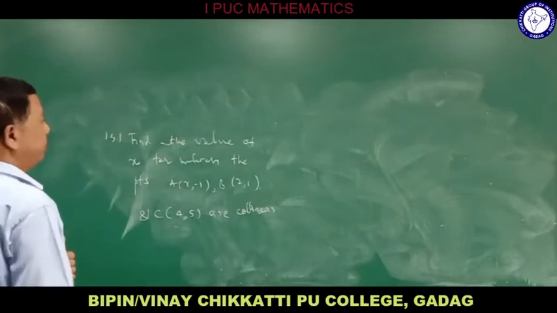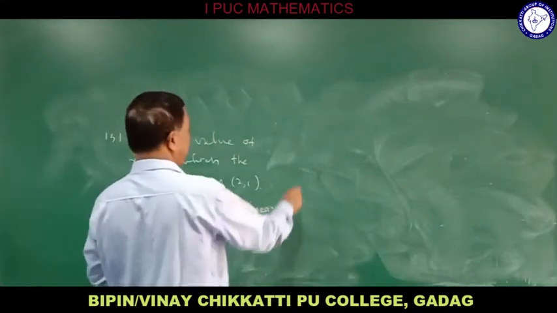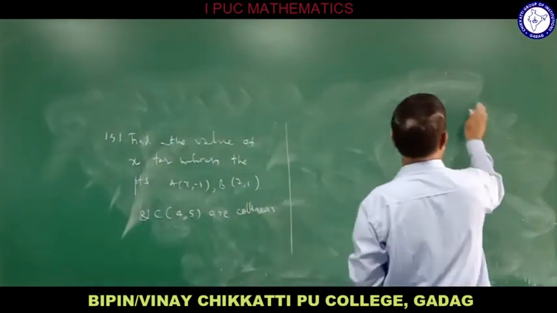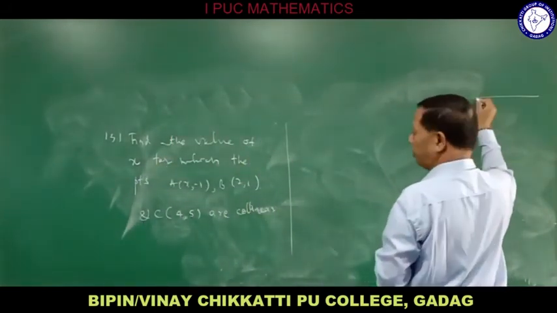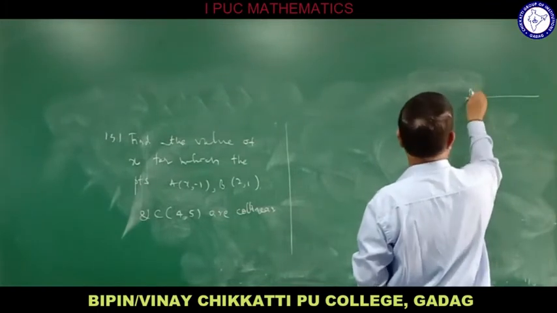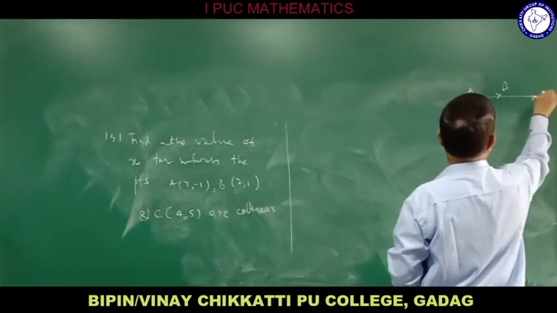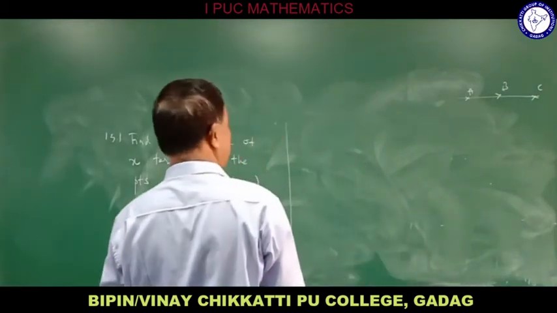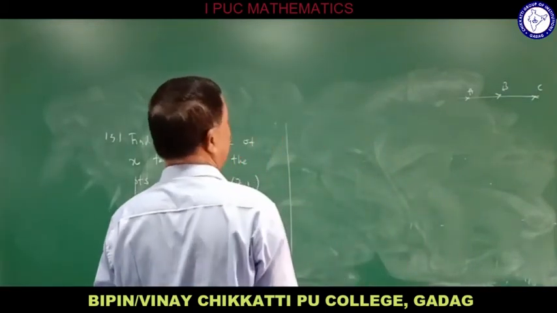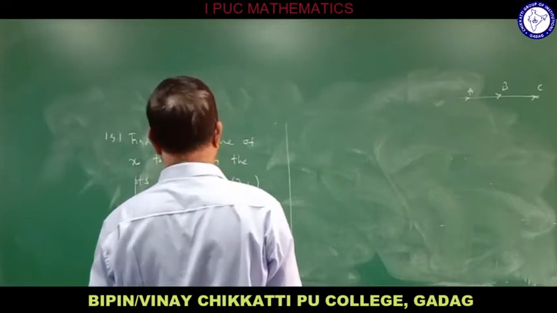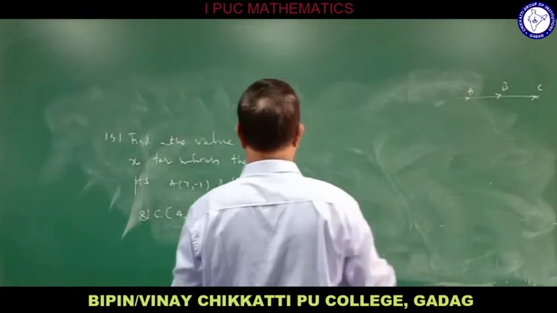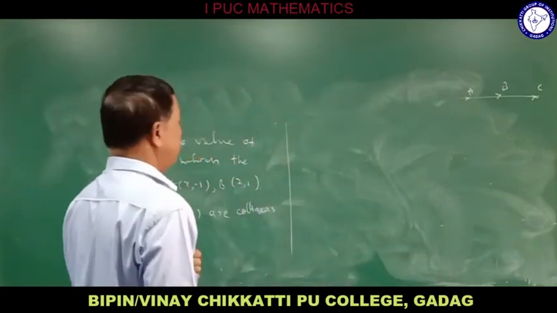You know, if the points are collinear, then the slopes are the same. Suppose this is A, this is B, this is C. You try to see that the slope of AB, BC or AC is the same, then they are collinear. Or you can see that the area of the triangle formed by these points is 0.